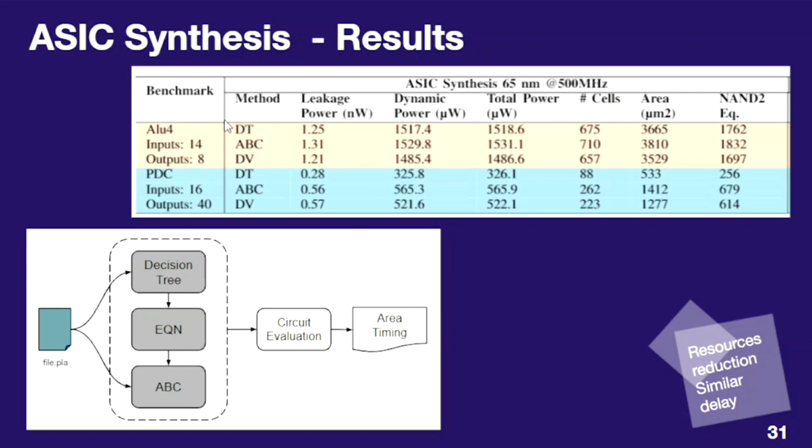For the ALU4 benchmark, we had a very close area to the other two methods, and also the total power was very close to the other two methods. But for PDC, we had a considerable reduction in the area, and also a considerable reduction on the total power.